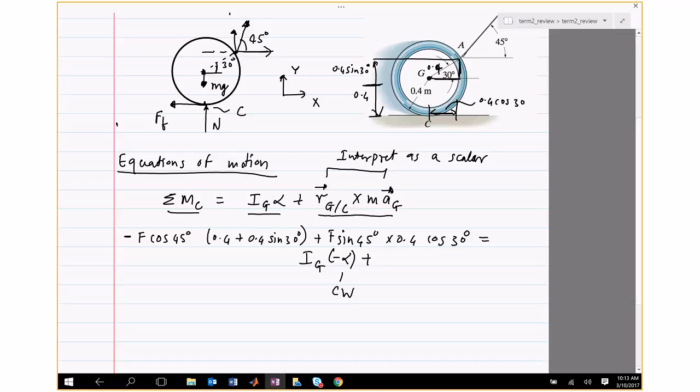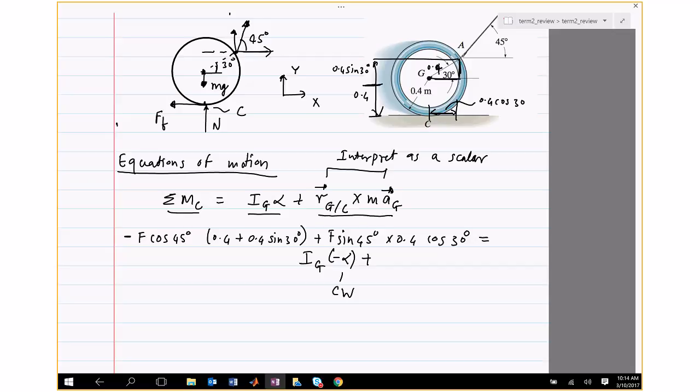So acceleration of G is the acceleration of the center of mass, which is going to be on the right side. Now, if you assume that the ring spins clockwise, then clearly Ag is going to be in the positive x direction. So mass times Ag is a vector in the positive x direction. The vector from C to G goes from bottom to top.